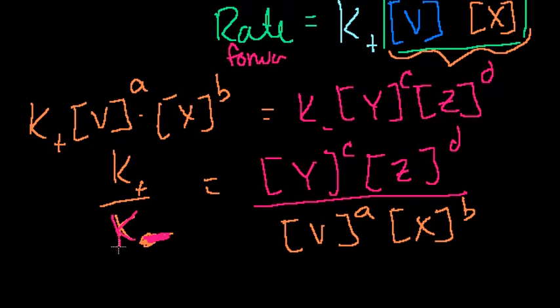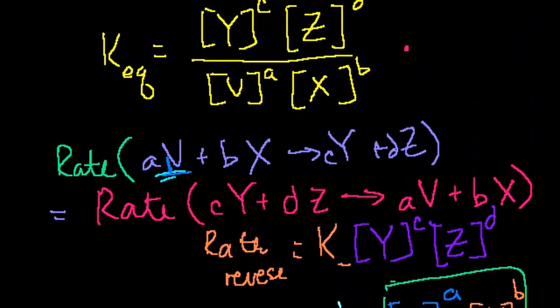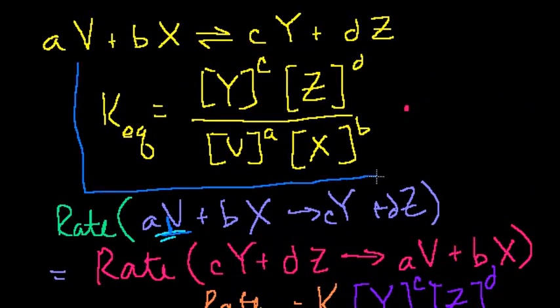And then these are just two arbitrary constants, so we could just replace them and call them the equilibrium constant. And we're there where we need to be. We're at the formula for the equilibrium constant.